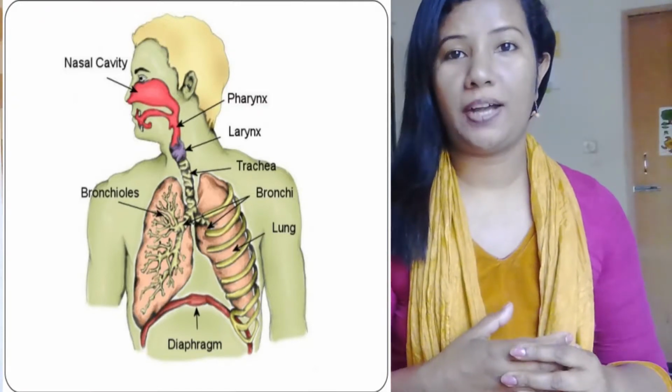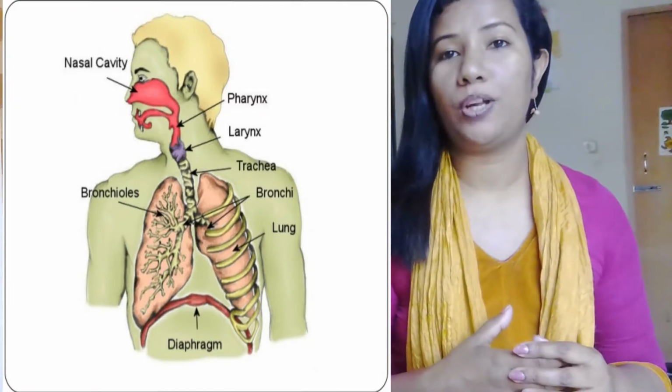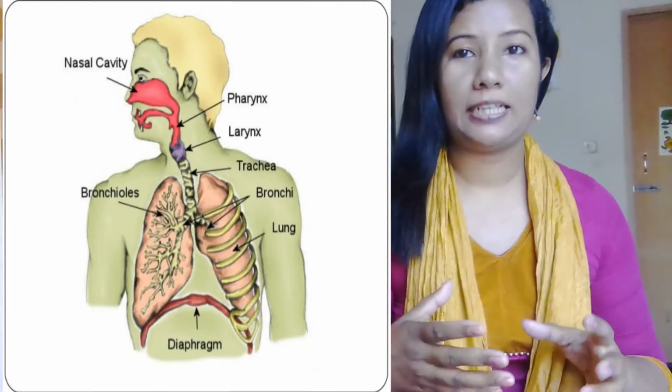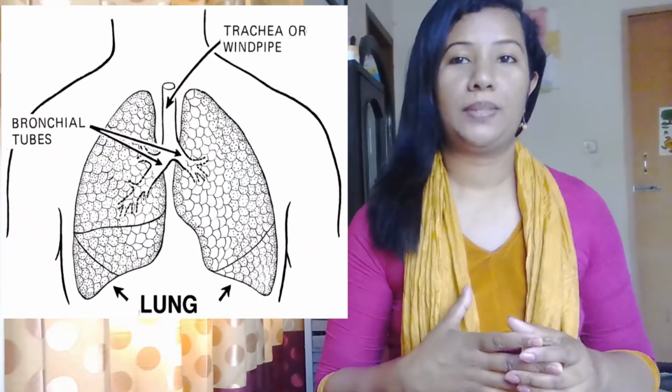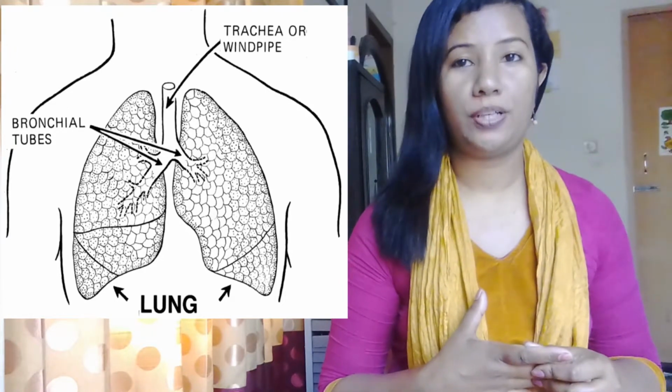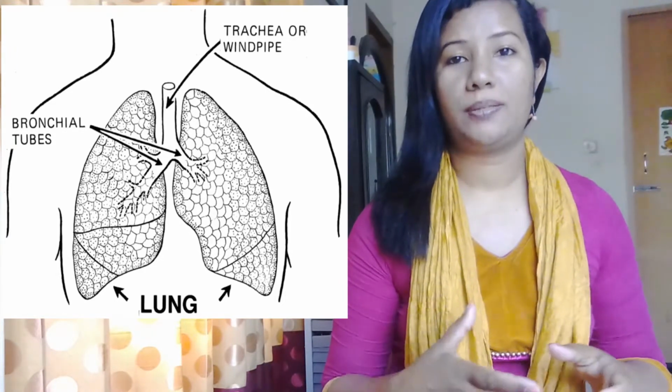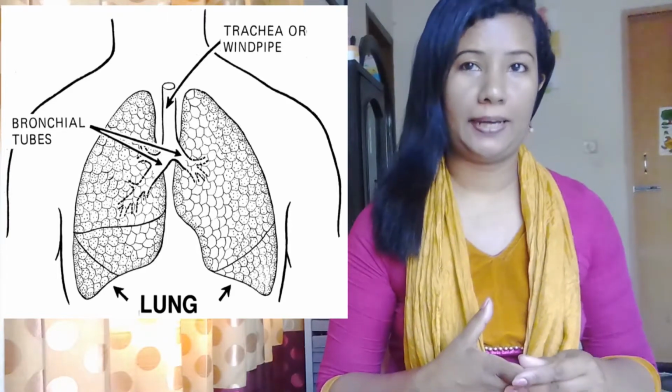Each bronchus divides many times to form smaller bronchioles, and terminal bronchioles divide to form even narrower respiratory bronchioles that supply the alveoli with air.